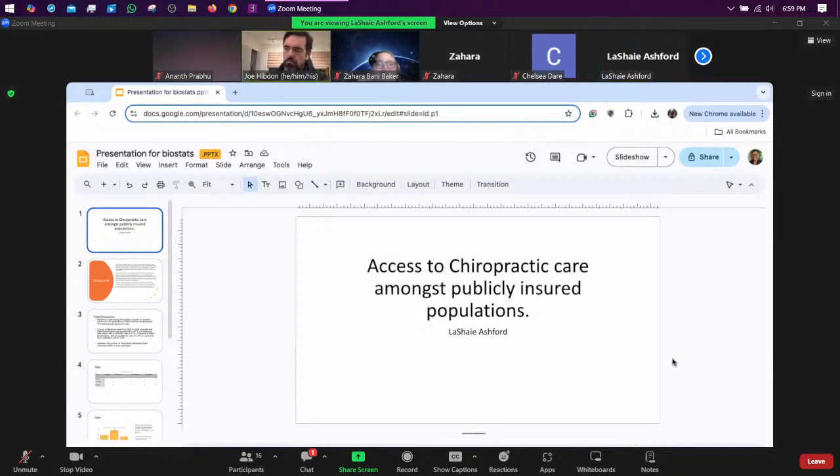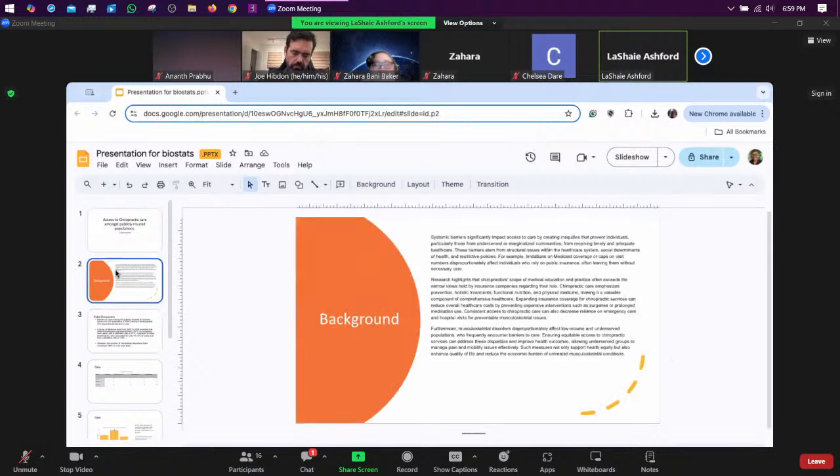Okay, so I decided to expand on my first project about access to chiropractic care amongst the publicly insured population. A quick background: systemic barriers impact access to care by creating inequalities in underserved communities.